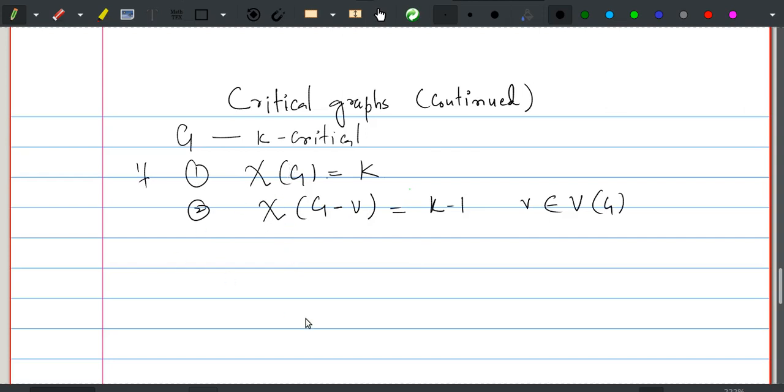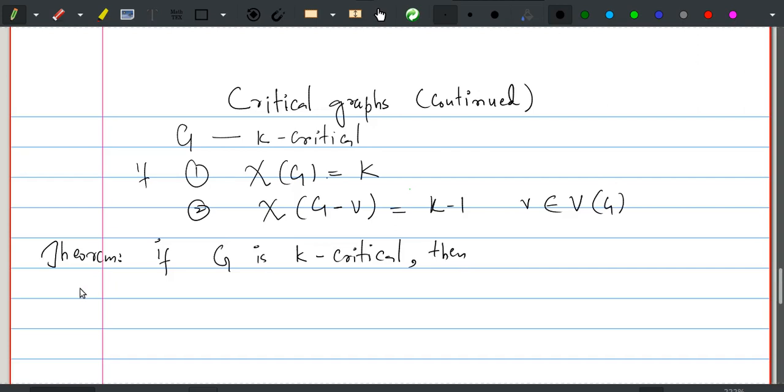Now let us prove a theorem which verifies certain properties of k-critical graphs. So we have this theorem. It states that if G is k-critical, then we have the following.